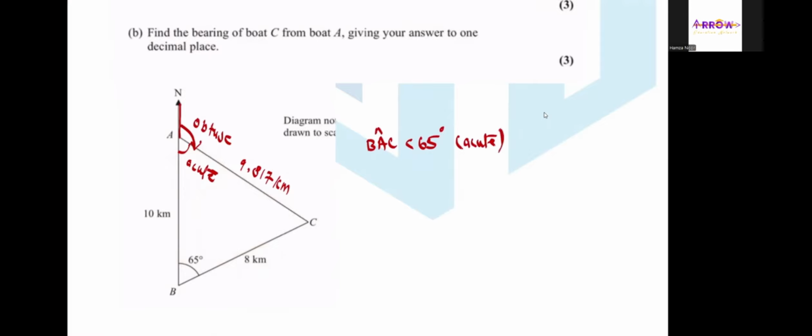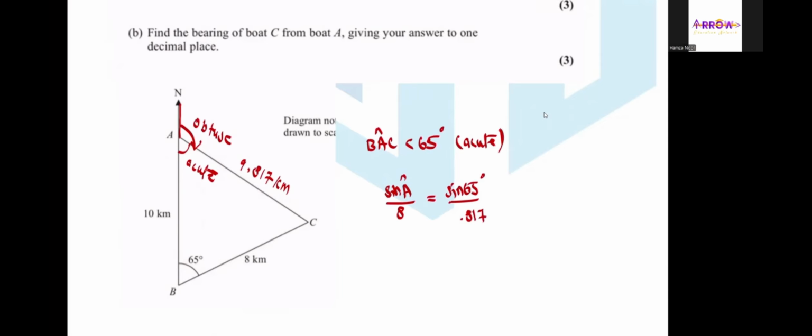So first of all, we are going to find this acute angle BAC over here. I'm going to say that sine A divided by 8 is equal to sine 65 divided by the length of AC, which I'm going to pick to a higher degree of accuracy, which is 9.817 kilometers.